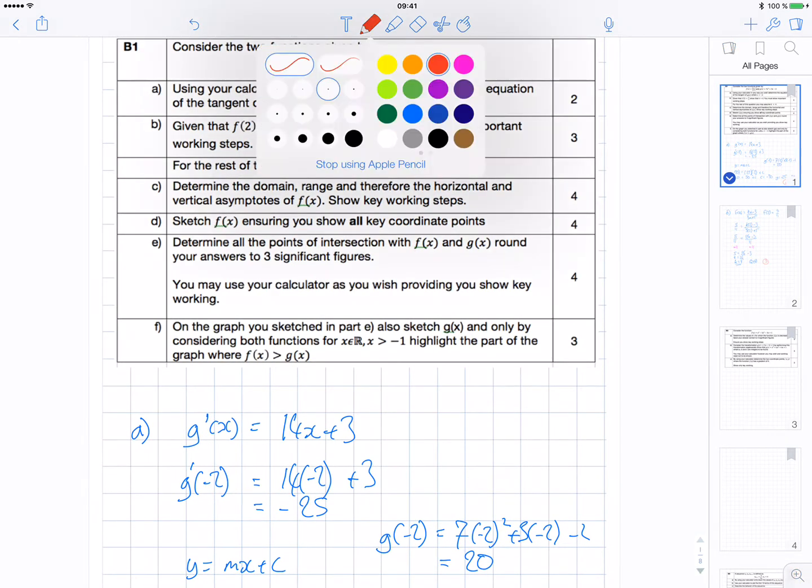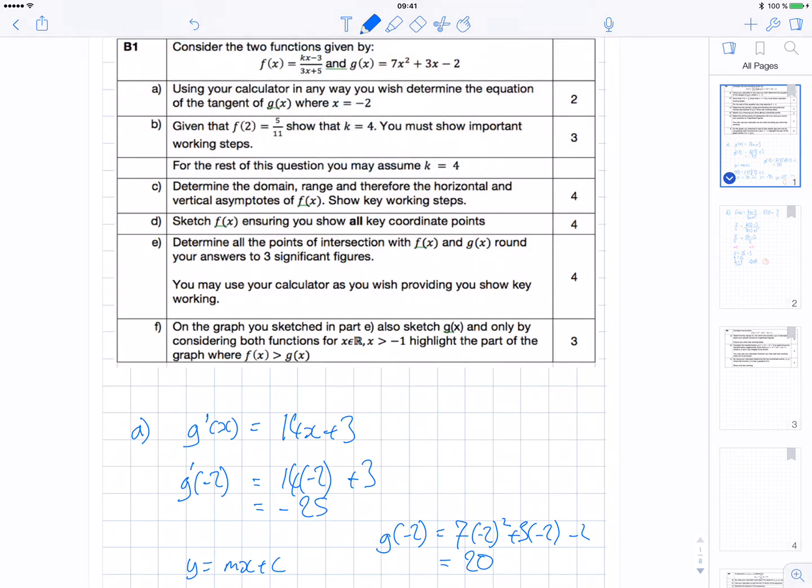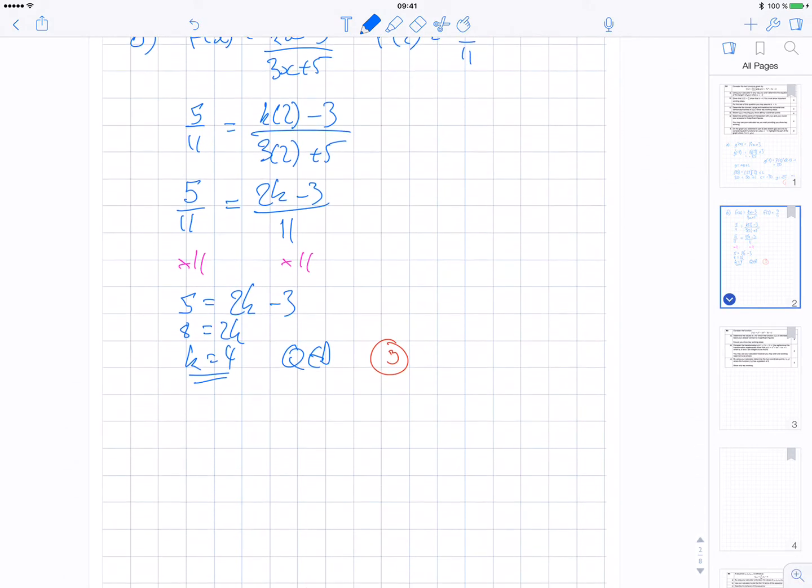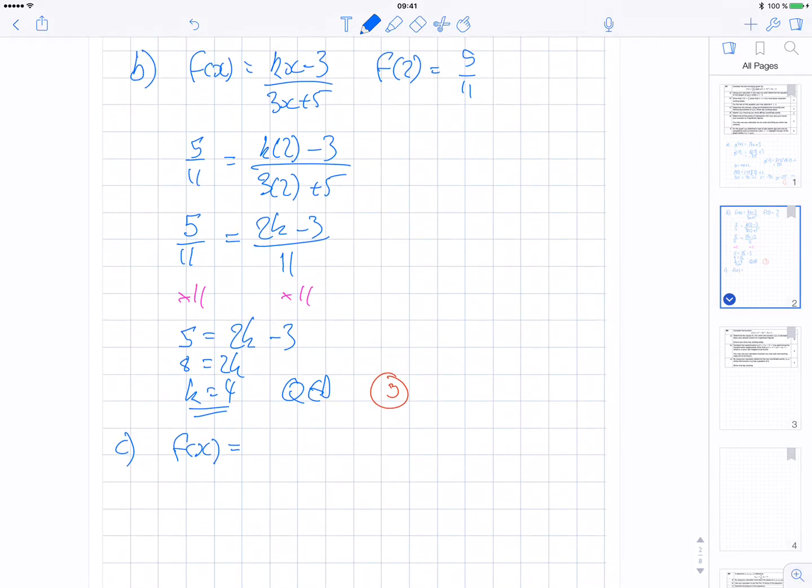Part C. Determine the domain, range, and therefore the horizontal and vertical asymptotes of f of x, show key working steps. So we know f of x is now going to be 4x minus 3 over 3x plus 5.